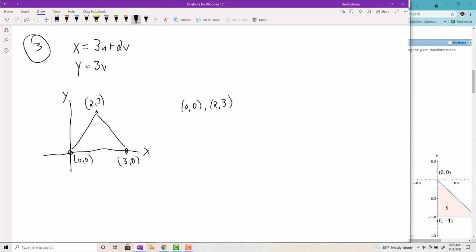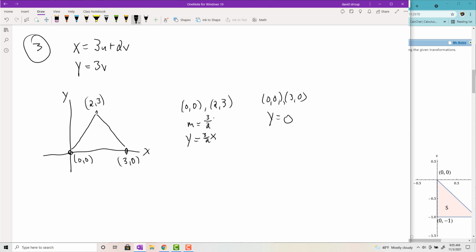Probably not. So anyways, the slope is going to be 3 halves, and then y minus 0 equals 3 halves x. And that would be the first line. Another line, 0, 0 to 3, 0. That's just going to be the line y equals 0.